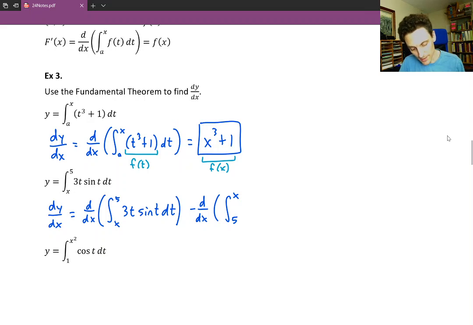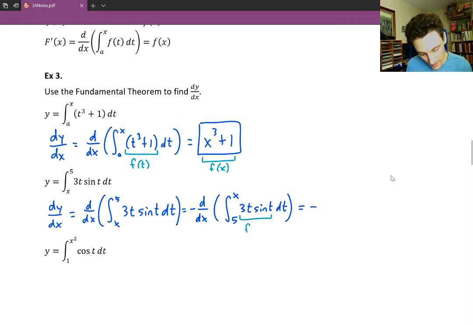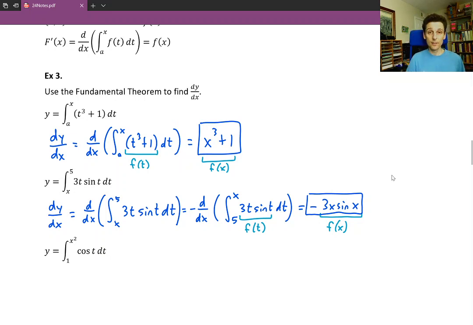We can do that because constants can be pulled out of derivatives, like that negative 1 that's pulled out. So there's the negative, and then here we can use the fundamental theorem. So once again, here's our little f of t, and then our little f of x will be over here, 3x sine x. It's the same thing as the little f of t, but just with an x instead of a t.